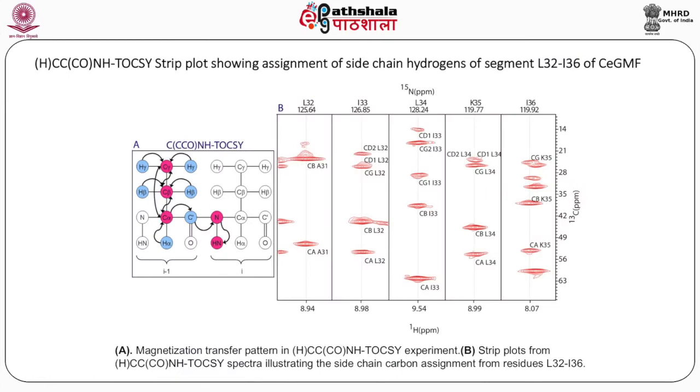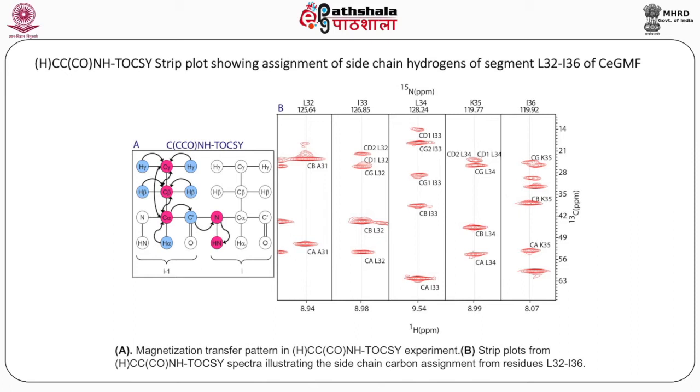Now, in this experiment, again what you see are the HCCH-TOCSY strip plot showing assignment of side chain hydrogens of segment L32 to I36 of CeGMF. On the left side, you see the magnetization transfer.